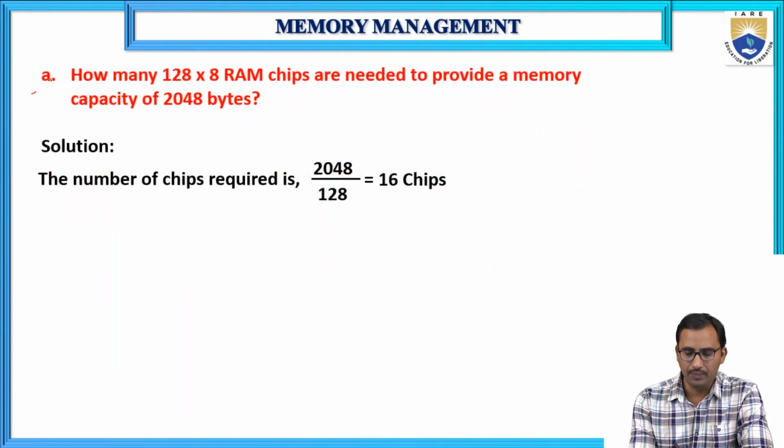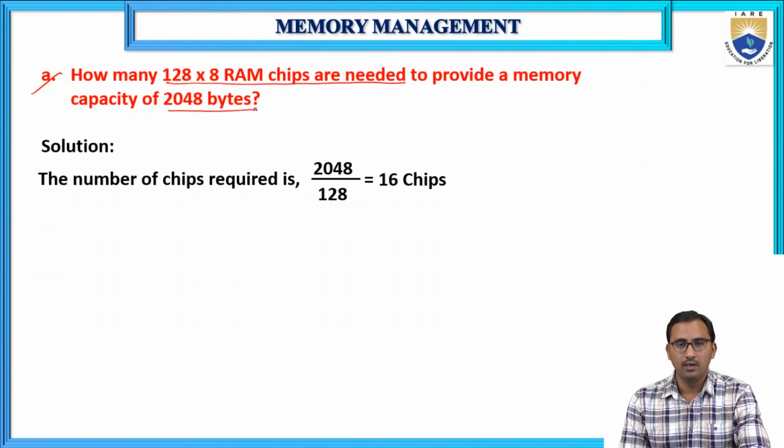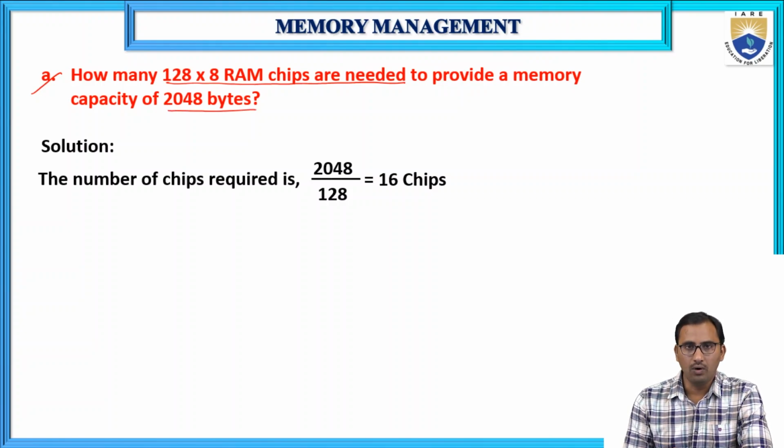So first one is how many 128 by 8 RAM chips are needed to provide a memory capacity of 2048 bytes. So already we know the required memory chip size and the memory size that we are going to design. So we are going to design a memory capacity of 2048 bytes, and the available memory chip size is 128.